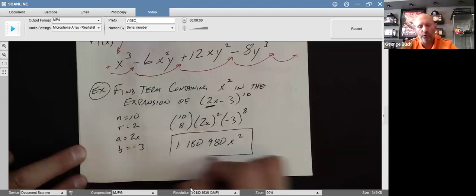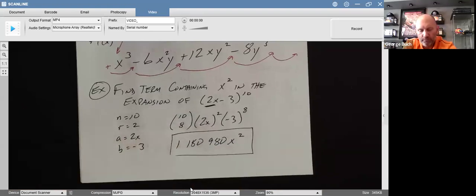So that is the term that contains your x squared term. Let me just double check my calculations before you're like, wait, I can't get that. Yeah, yep, that's what I got.